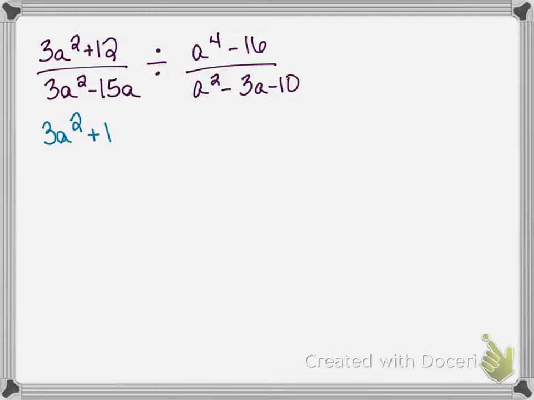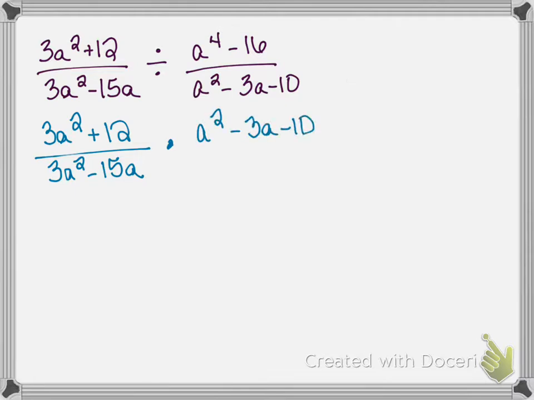3a squared plus 12 over 3a squared minus 15a. My division becomes multiplication. I have a squared minus 3a minus 10 over a to the 4th minus 16.